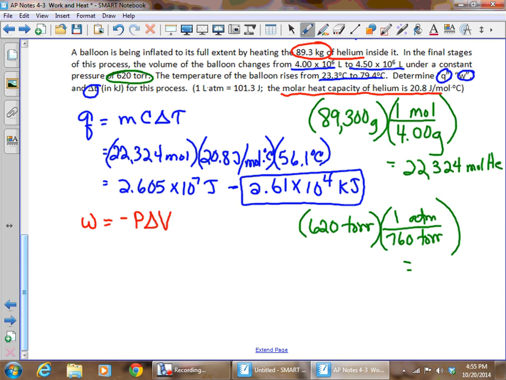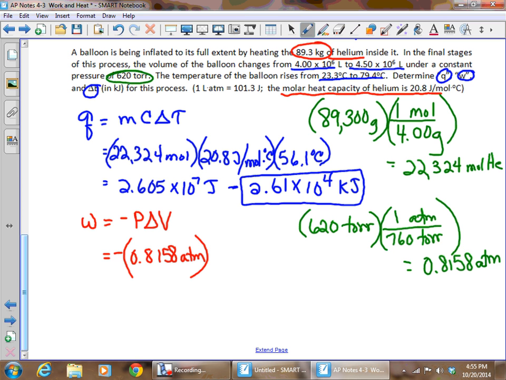We end up with a value of 0.8158 atmospheres. So let's plug that value into our equation over here. We're going to get negative 0.8158 atmospheres times our change in volume. Now, I know this isn't correct scientific notation, but they're both times 10 to the 6th.